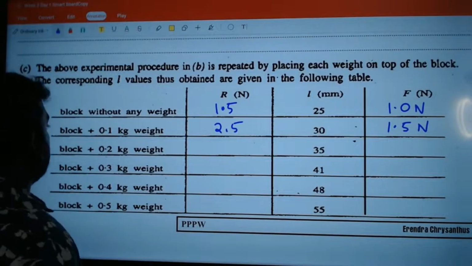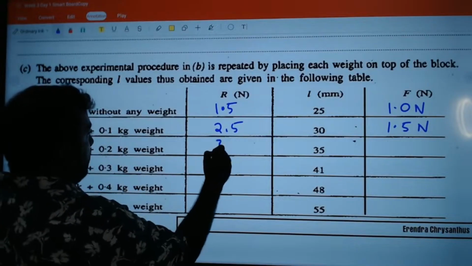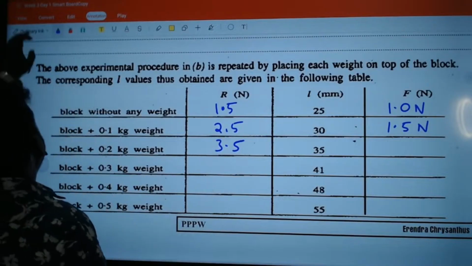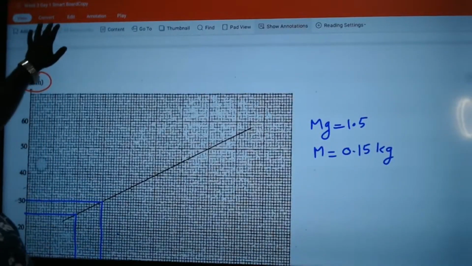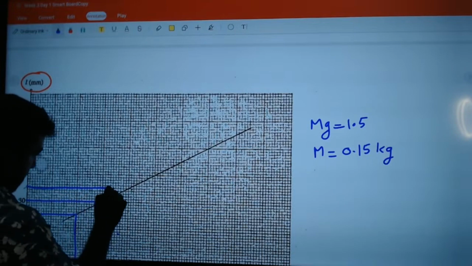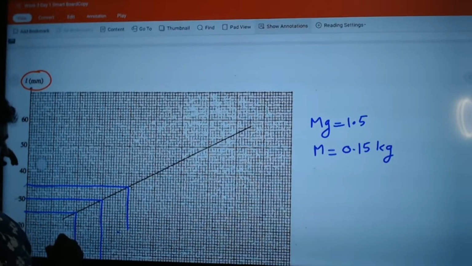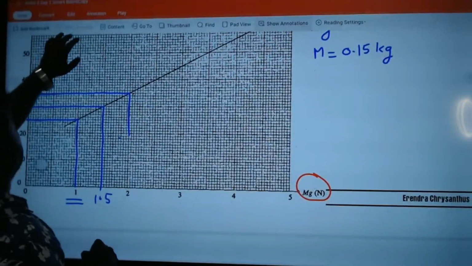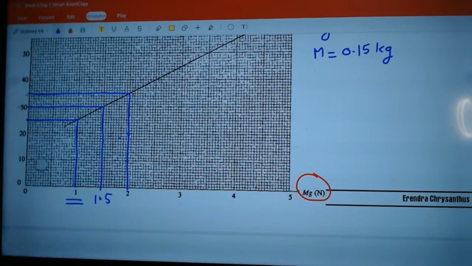Block plus 0.2. 2.5 plus 2, 3.5. L35. Go back. Two Newtons. So pulling force is 2 Newtons.